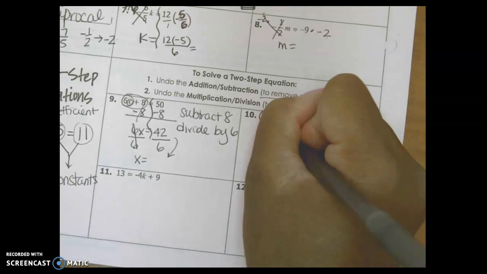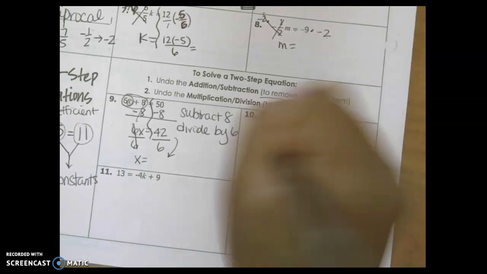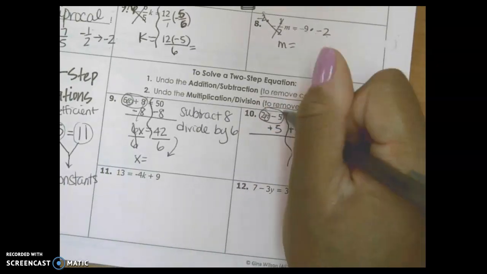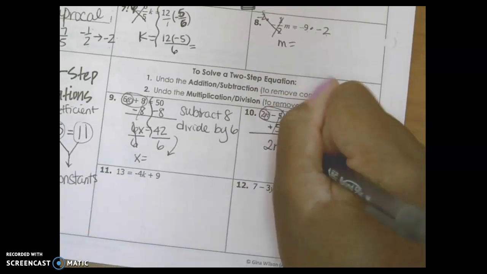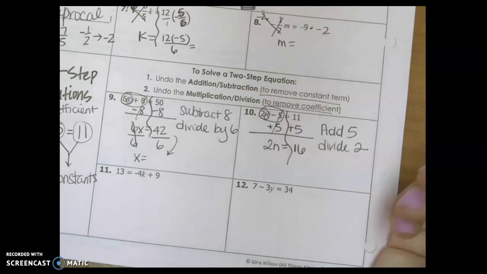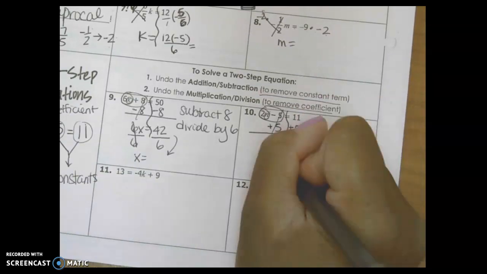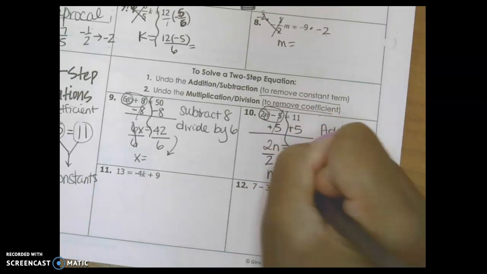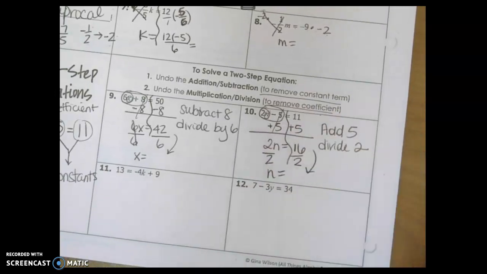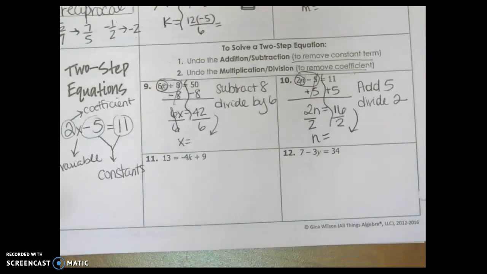So plus 5, plus 5. These 5's cancel out. 2n equals 11 plus 5, which is 16. Then you're going to divide both sides by 2. N equals 16 divided by 2. Put your answer there.